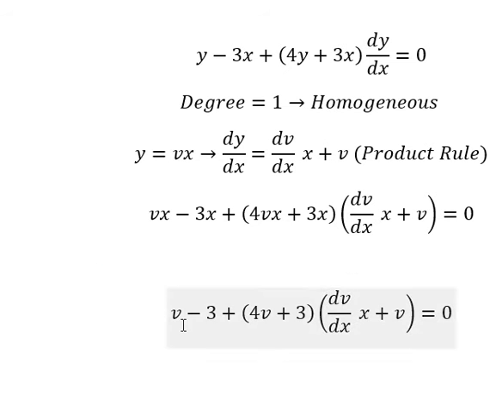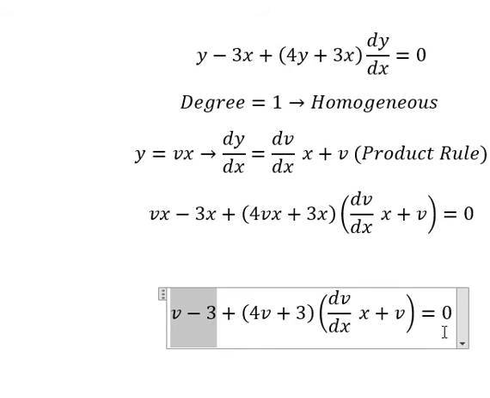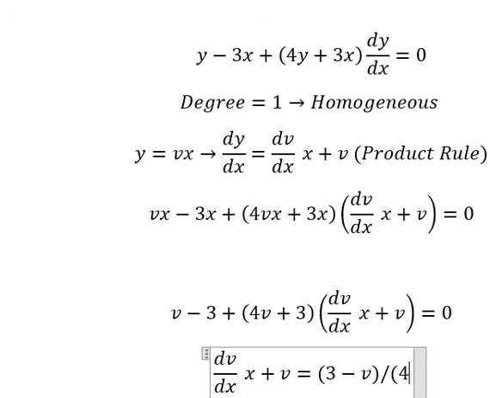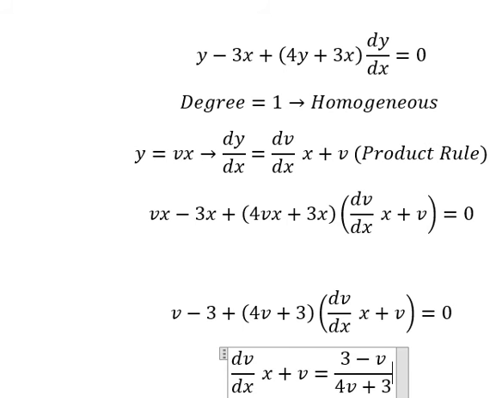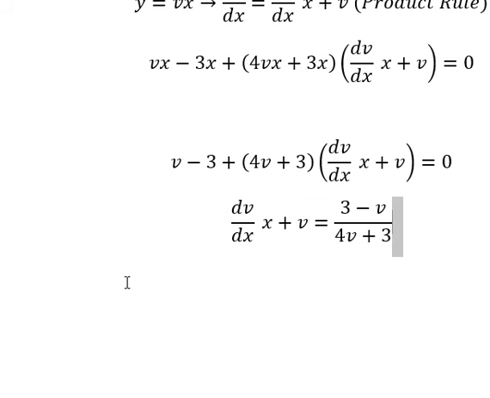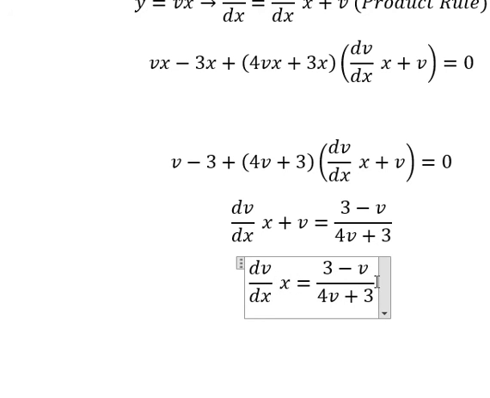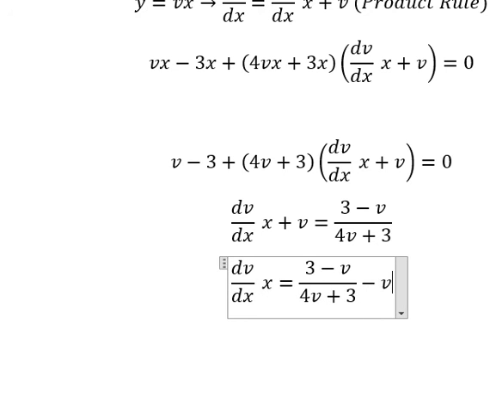Next, I will put this one go to the right and we divide both sides by this one. Next, I will put v go to the right and we have negative v.